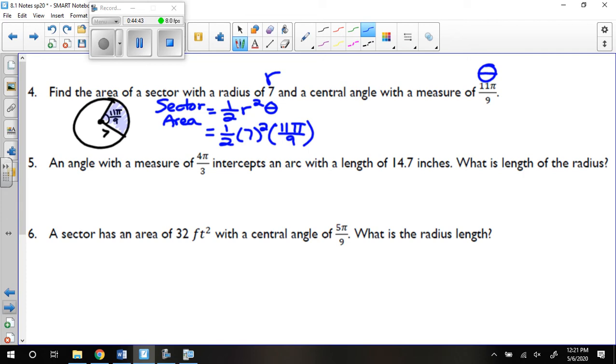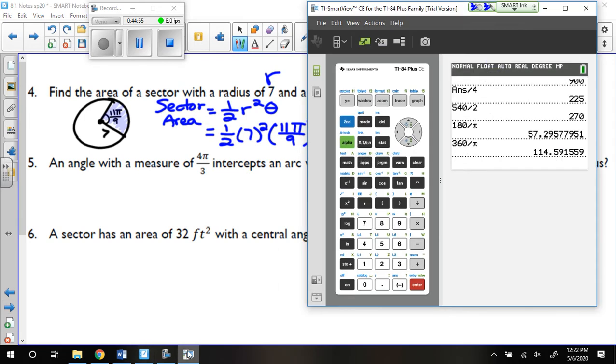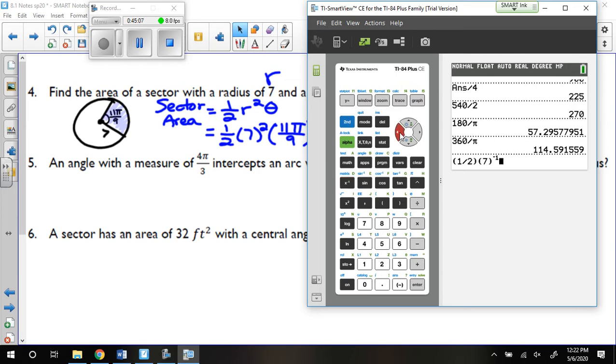All right, so I'm going to put my answer in terms of pi first. So I'm going to multiply the 1/2, the 7 squared, and the 11 over 9 and figure out what that is. So we've got 1/2 times 7 squared, times 11 over 9.